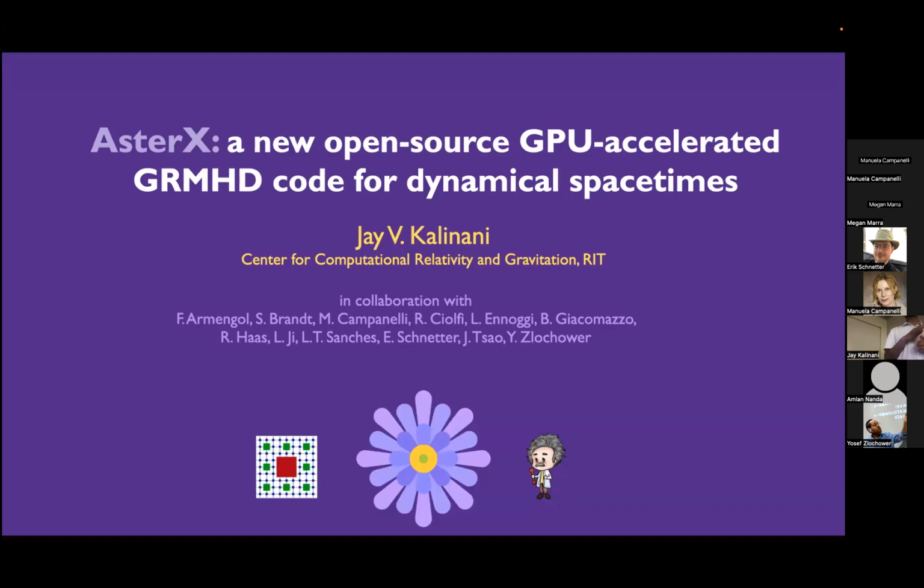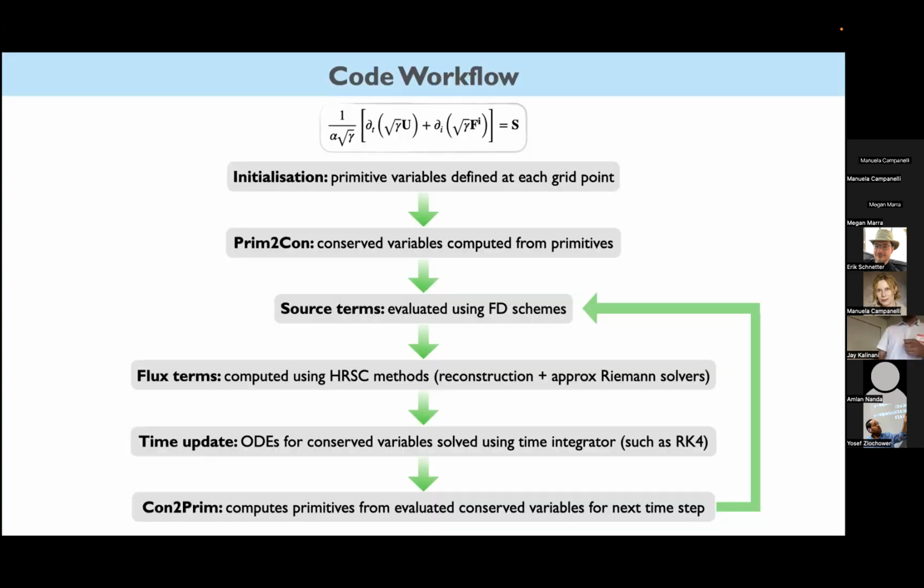So I just wanted to ask if you have any other questions or comments. On the previous slide, your source terms can contain derivatives of the primitive or conservative variables? I think they have derivatives of the spacetime for sure. So that's what you compute using finite differences. But you can't have primitive or conservative derivatives.